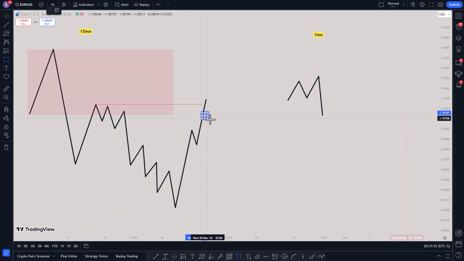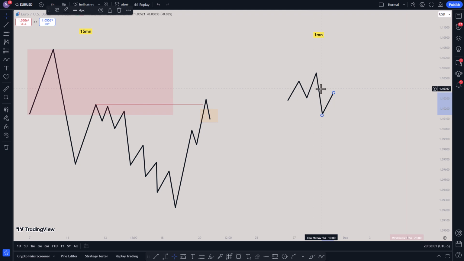So for example, we have an imbalance right here, like this. So when price is trading to here, and on the 1 minute it printed this reversal pattern, the break of structure, and you are waiting for that pullback to happen, this pullback to this right here, and you want to take it lower, it is happening from this imbalance right here, like this.